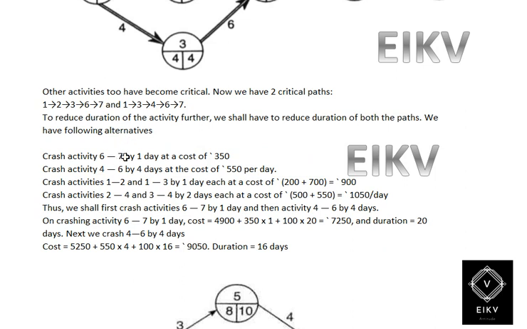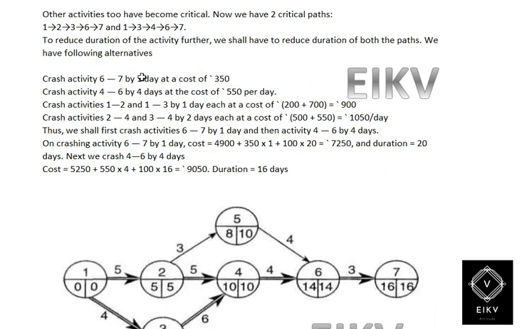We have the following alternatives. Crash activity 6 to 7 by 1 day at a cost of 350, or crash activity 4 to 6 by 4 days at a cost of 550, or crash activities 1 to 2 and 1 to 3 by 1 day at a cost of 350 plus 700, that is 900, or crash activities 2 to 4 and 3 to 4 by 2 days.